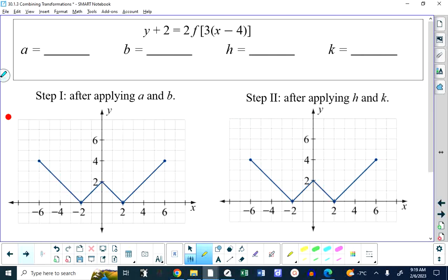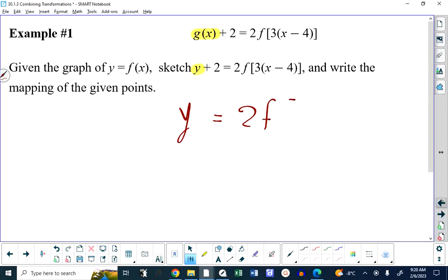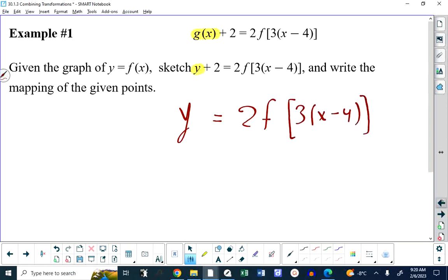I think for the most part, filling in these blanks is pretty easy. What we're doing here is comparing, I want to go back to here where I have a little bit more room. We are comparing this to this.